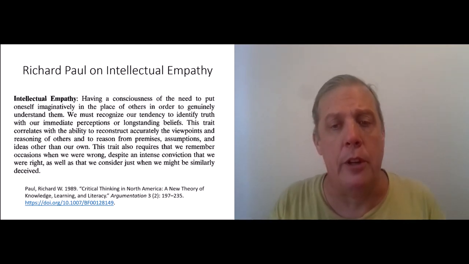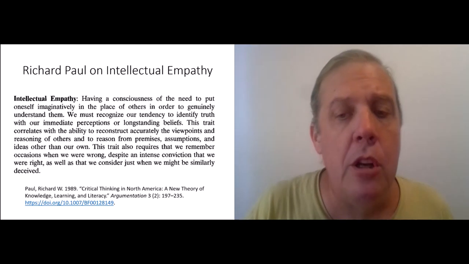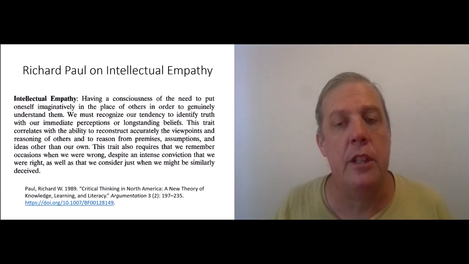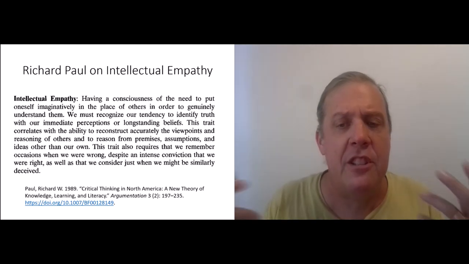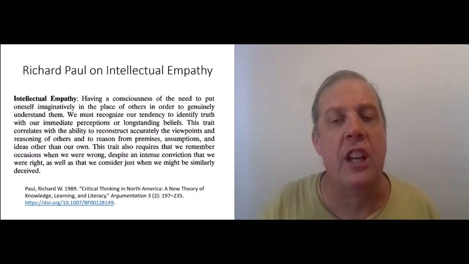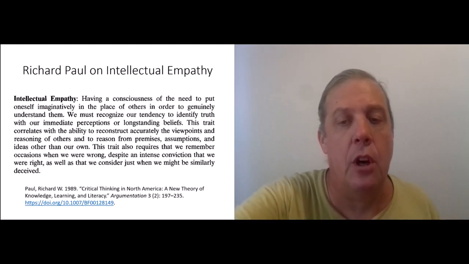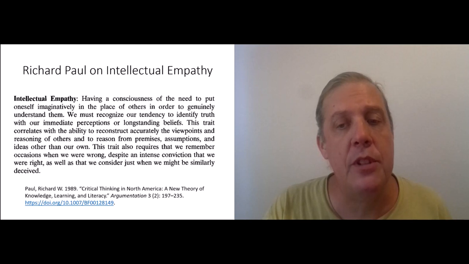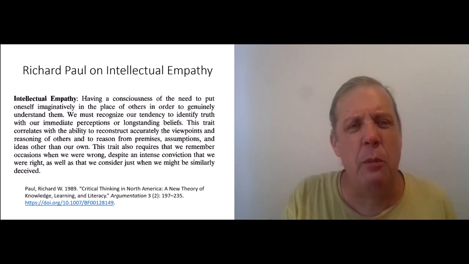Actually, Paul recently passed away. Paul's conception of intellectual empathy is largely restricted to the cognitive domain. So he emphasizes accurately reconstructing people's arguments, reasoning from premises that you disagree with, and recognizing your own ability to be wrong.